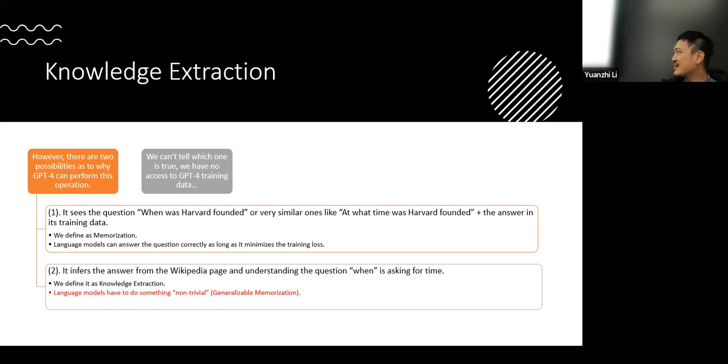So we want to understand whether the model can do the second case. The first case is not interesting because it's still just standard memorization, just reciting the next words in its training data. In the second case, the model needs to do something non-trivial.